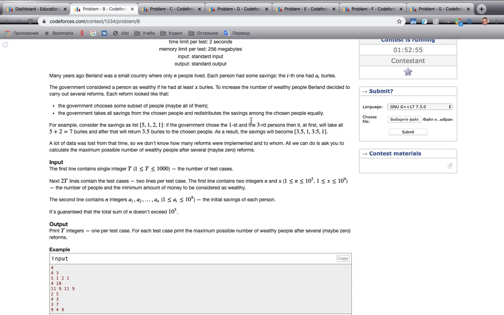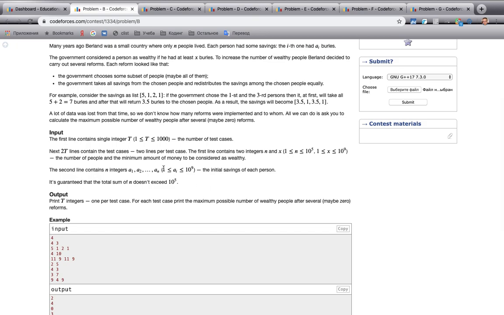We can take some subset of people and take all the money from them and then return the money, but redistribute it equally. So each person will have the average.